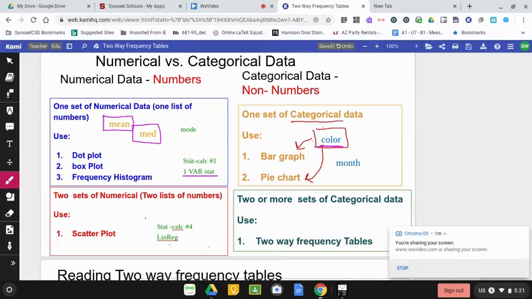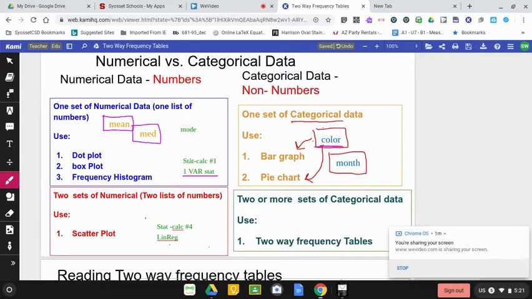Your teacher later on might have made pie charts so you can see favorite colors displayed in other ways. You might have been asked what month your birthday was. Months are not numerical. That's categorical data.